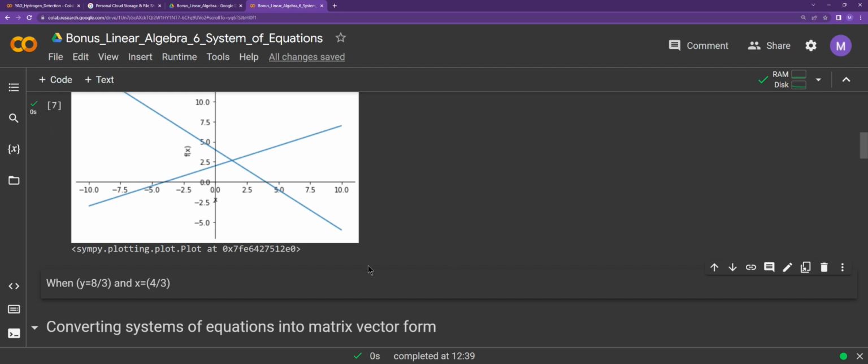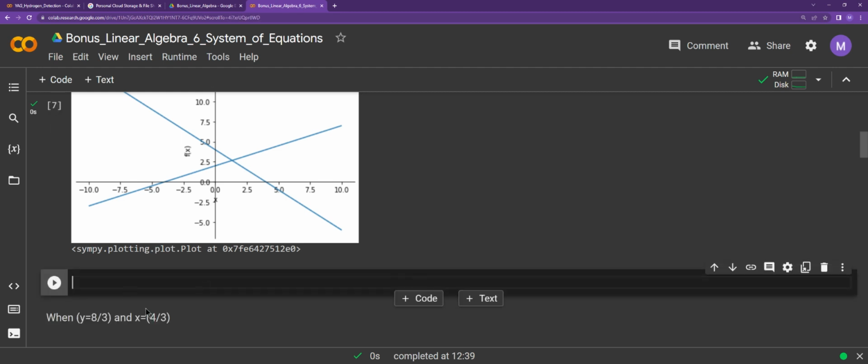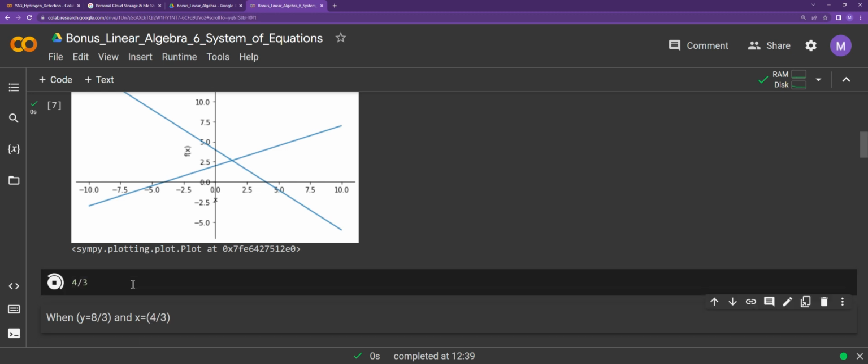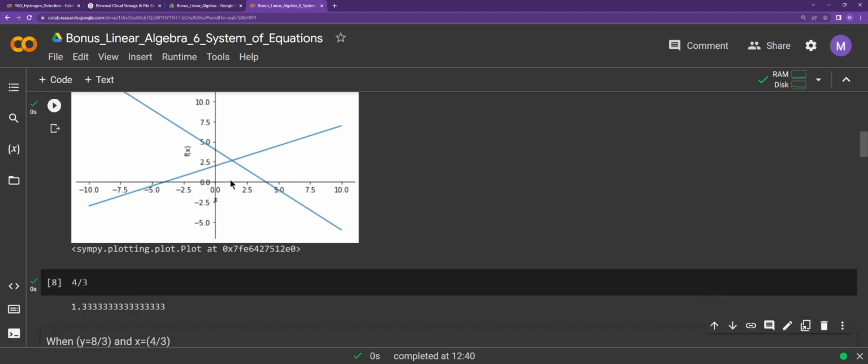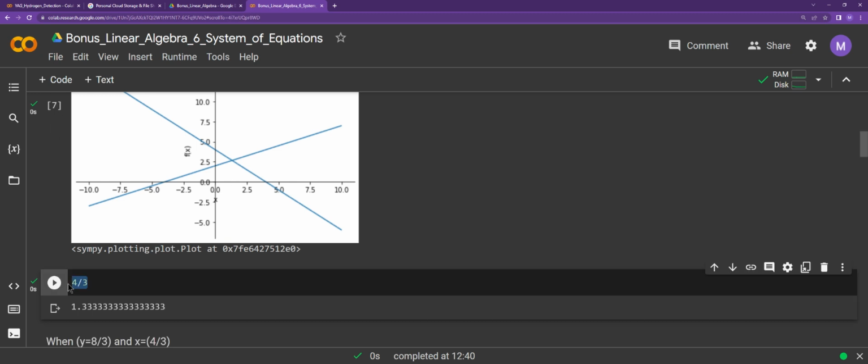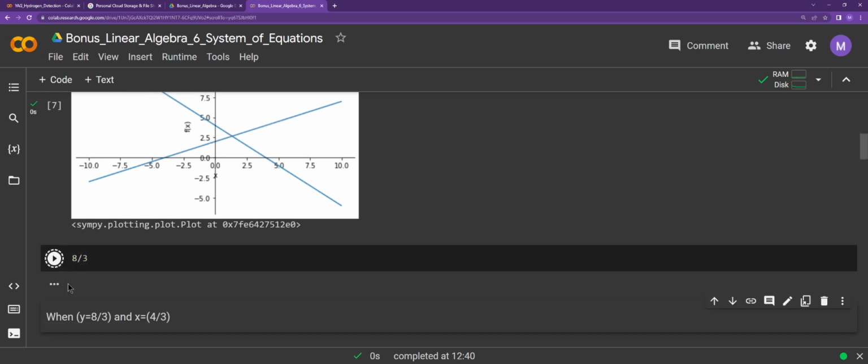So if we want to see this, it's basically 4 divided by 3 is 1.33, which is around here, and 8 divided by 3, which is about 2.66, which is roughly around this region, just above 2.5.